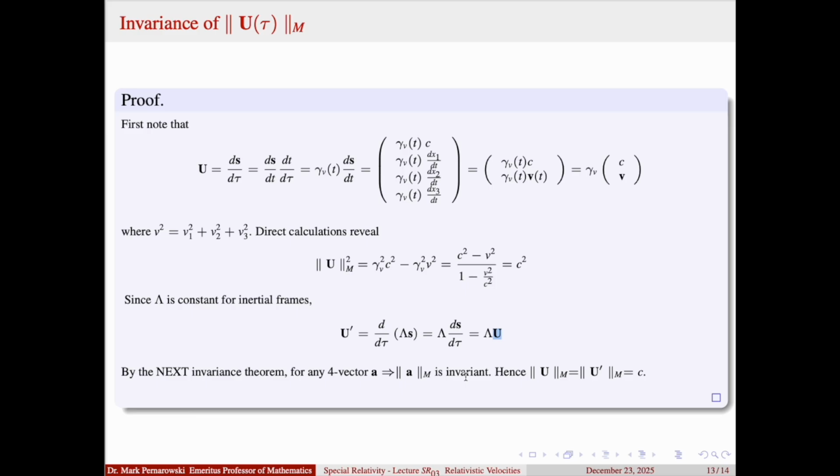So this tells us that I now have a way of talking about velocities in four space, in space-time. I know that the speeds of these things that I observe are the same in either frame, and I know how to convert between velocities in k and k prime very easily.